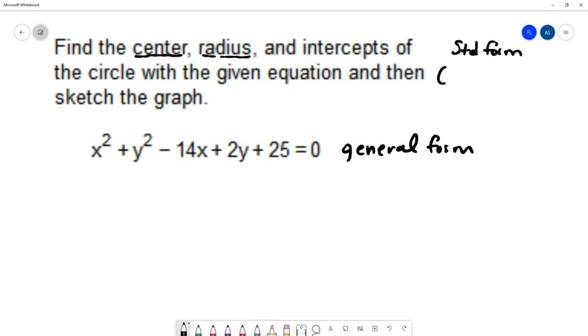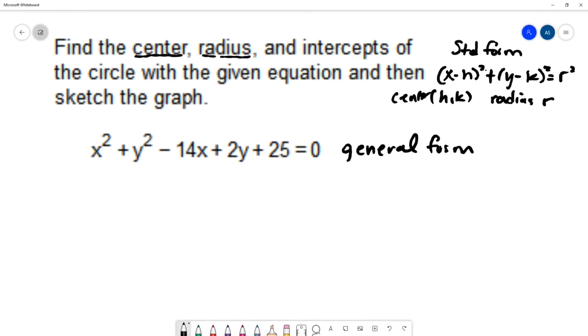And standard form looks like this: x minus h squared plus y minus k squared equals r squared. Now this format, like I said, is much more convenient because the h and the k stand for the center and the r stands for the radius.